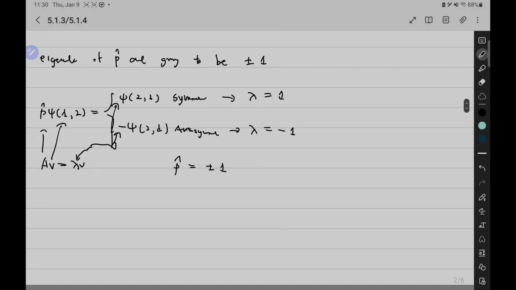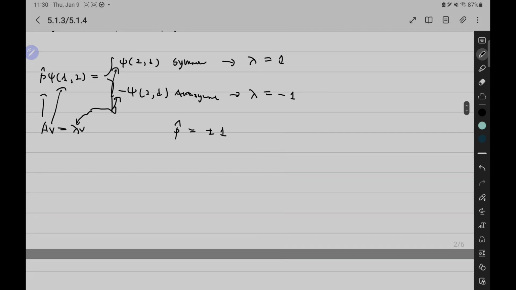Now, very importantly, if the two particles are identical, the Hamiltonian must treat them the same. Because remember the Hamiltonian, for the same mass, we need to make sure the mass is the same, because that influences the kinetic part of the Hamiltonian. So if the mass is the same, they're identical, then the potential should be the same too.